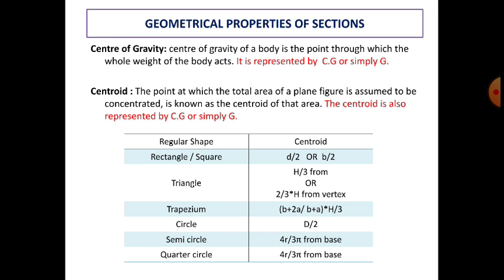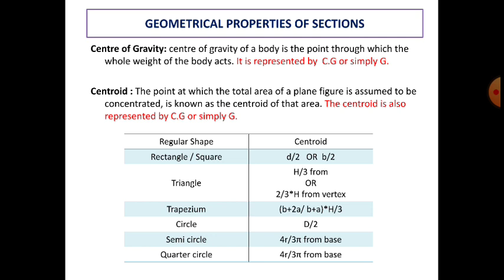Next, we'll try to find out the various centroidal distances, that is, how to calculate the centroidal distance of various regular shapes, which we are going to use in day-to-day engineering life. First is the square or the rectangle.